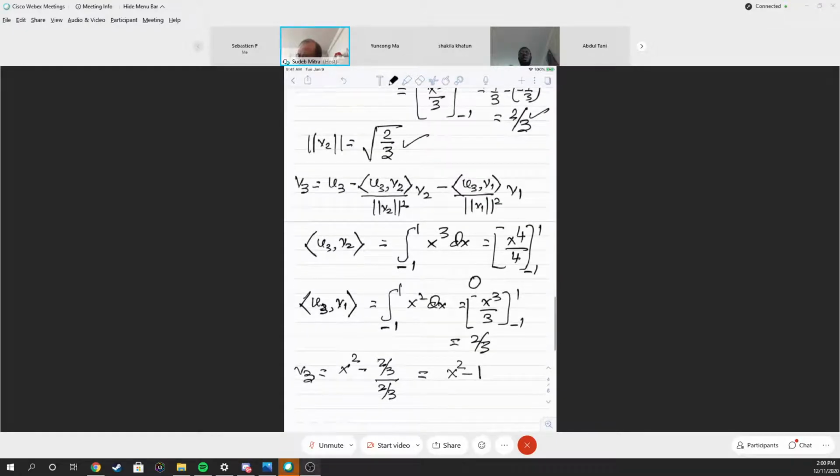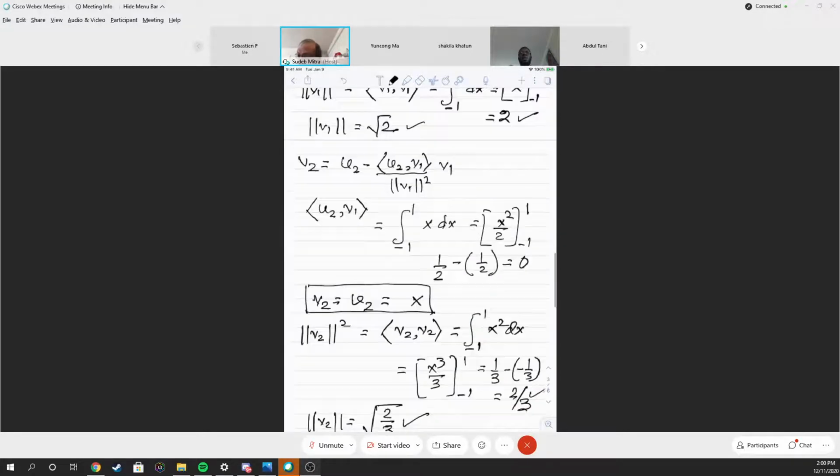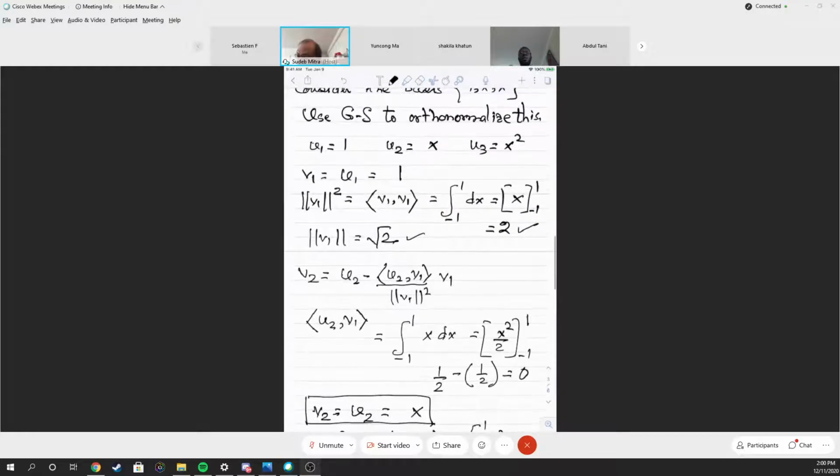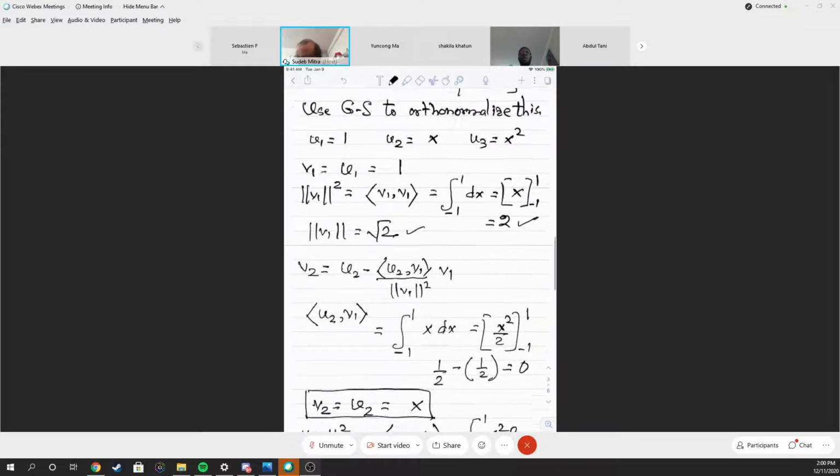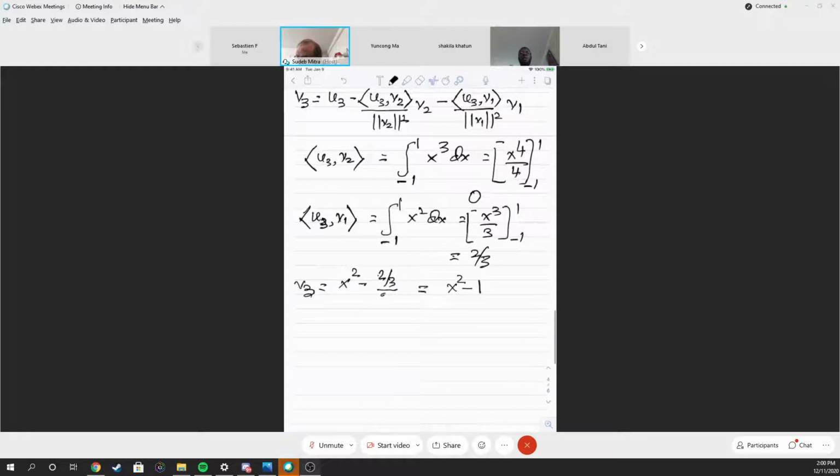Yes, you are absolutely correct. u3 v1 is 2/3 over norm of v1 squared, and norm of v1 squared I did not even see because it was hiding. Norm of v1 squared is 2, perfectly correct. So that is x squared minus 1/3. Now I'm happy, this is correct.